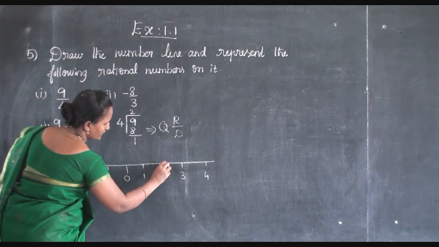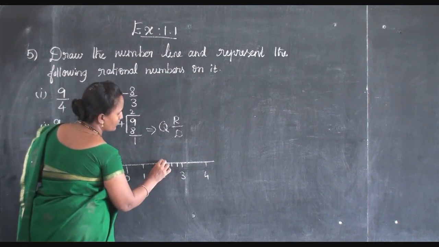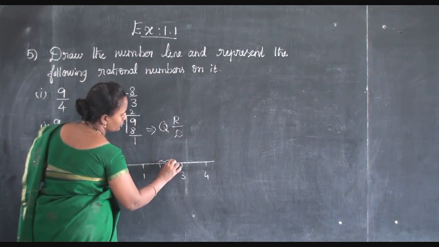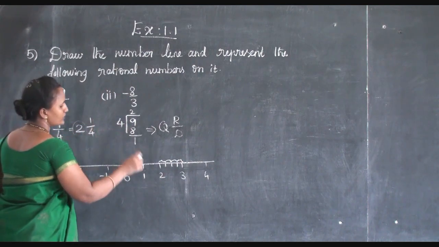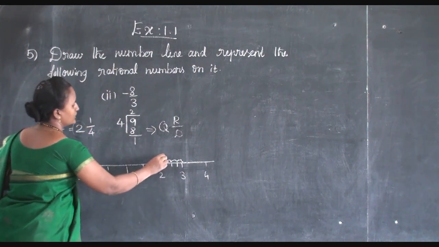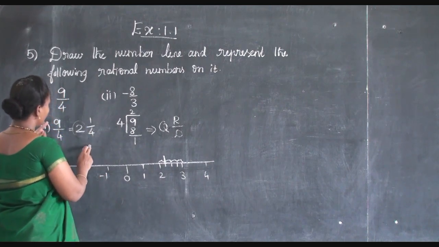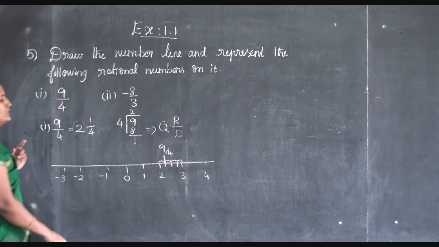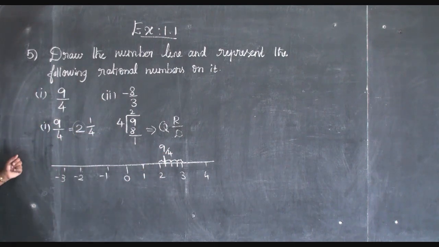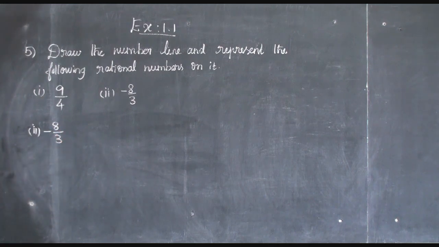We have to divide by 4 parts. 1, 2, 3, 4 parts. First part is the number. Don't write this number. This is the question. So the number we have to write here: 9 by 4. Next is sum minus 8 by 3.